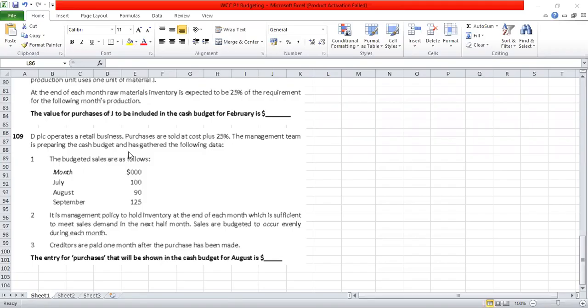Sales are budgeted to occur evenly during each month. Creditors are paid 1 month after the purchase has been made. The entry for purchases that will be shown in the cash budget for August is how many dollars? Let's start.